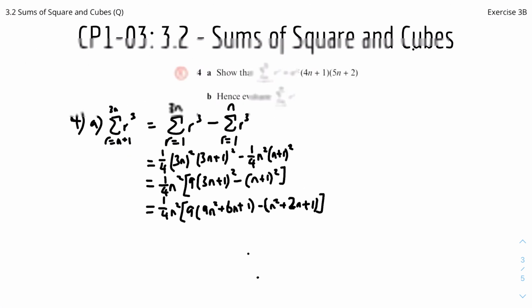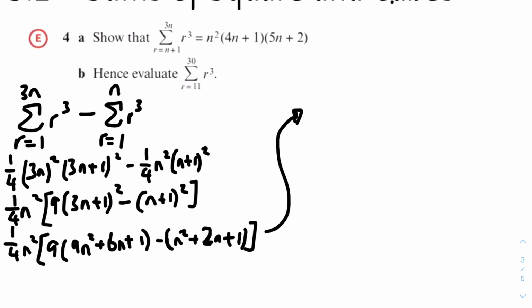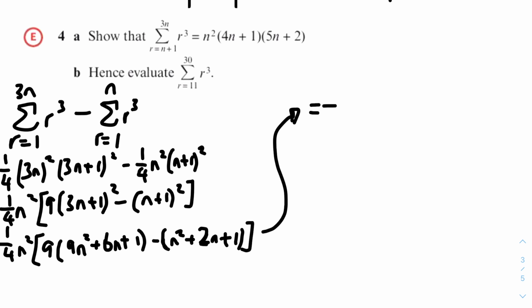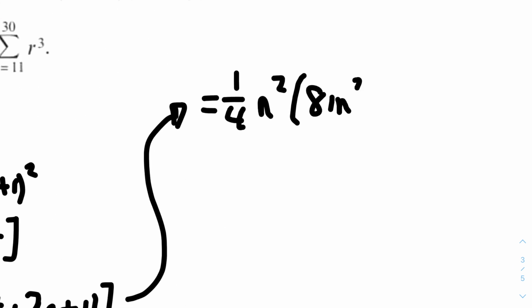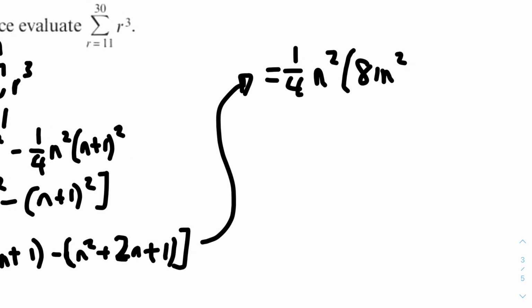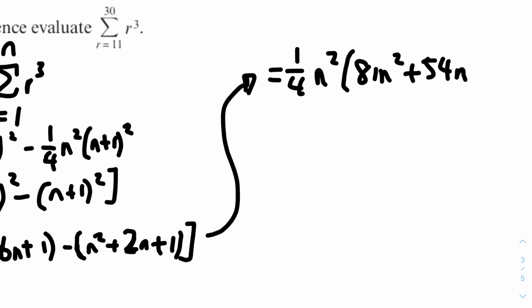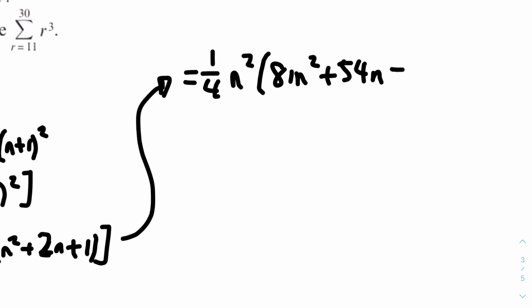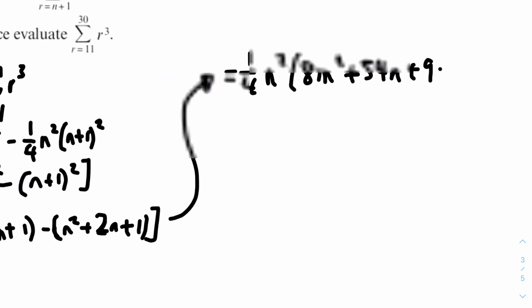And now we just basically expand the bracket, which I'll do up here, is equal to 1 over 4 n squared times by 9 times 9 is 81, so 81n squared, and what's next? 9 times 6 is 54, so 54n, and 9 times 1 is plus 9, and just minus the expression where it's minus n squared minus 2n minus 1.